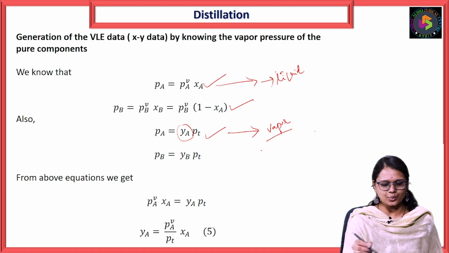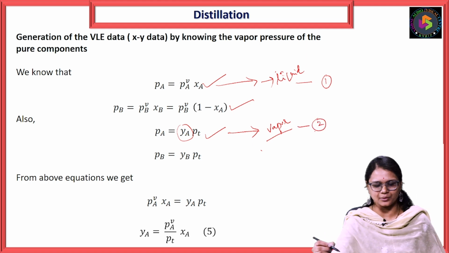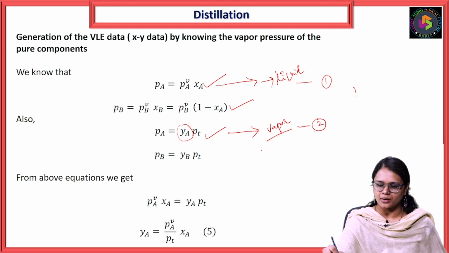So let's say this is equation number 1, this is equation number 2. Let's equate them. You have PA equal to PAV XA. In the other equation you have PA equal to YA into PT. Okay. So PA is common, I can equate these two.